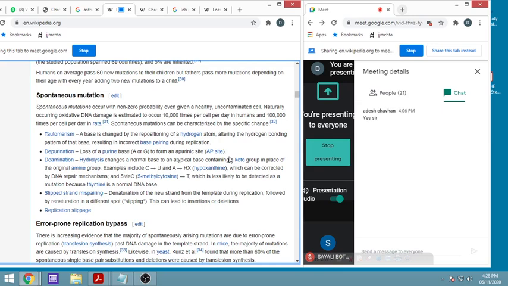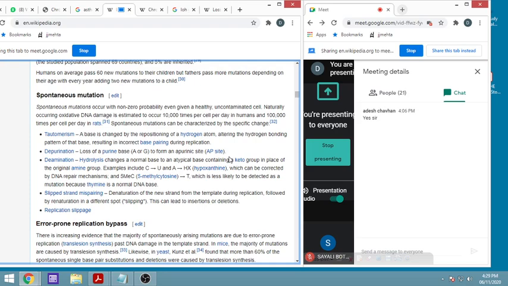Spontaneous mutation can be characterized by the following types of specific changes. One is tautomerism. If you studied biochemistry, you must know that because of structural specificity, only specific bindings are possible. Adenine pairs with thymine, and cytosine with guanine.